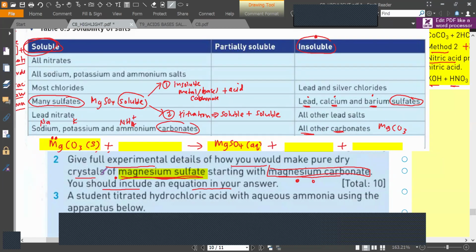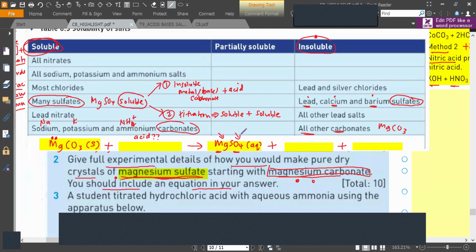Now we want to make magnesium sulfate. So which acid do we want to use here?